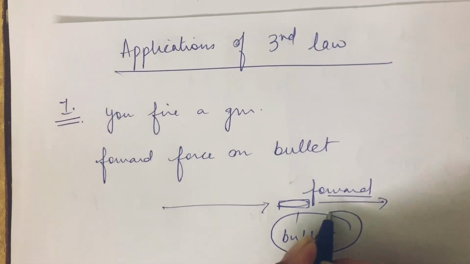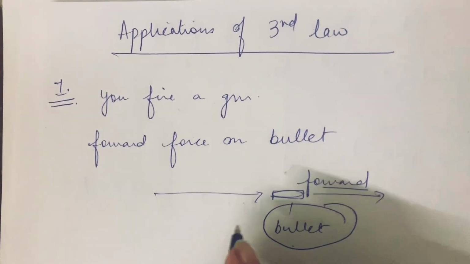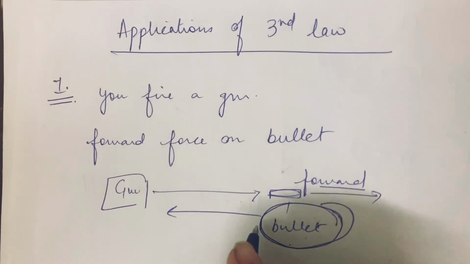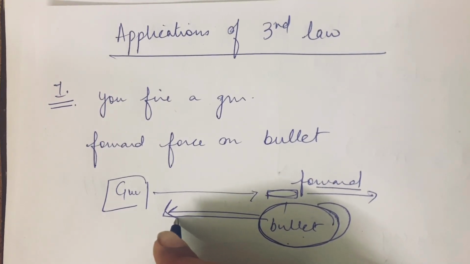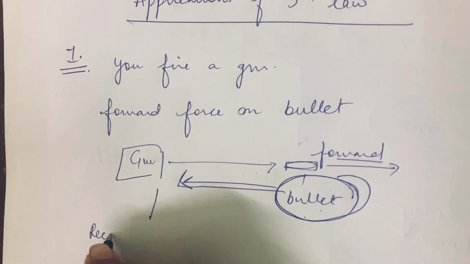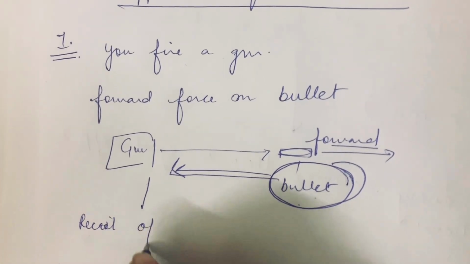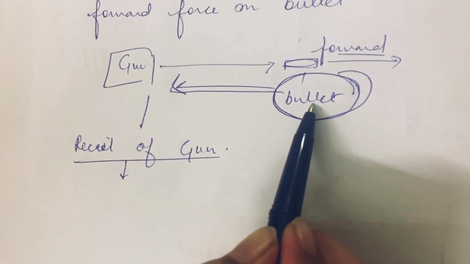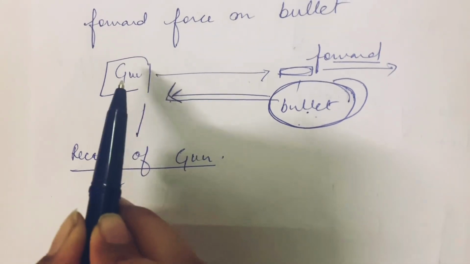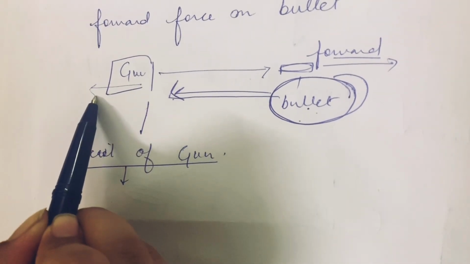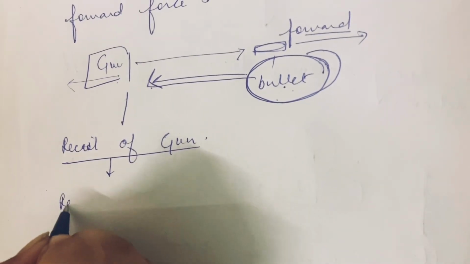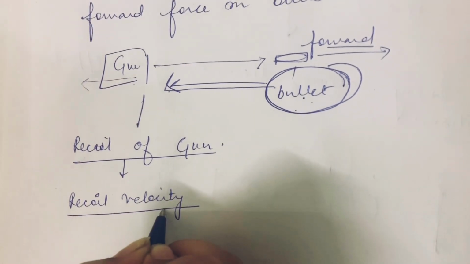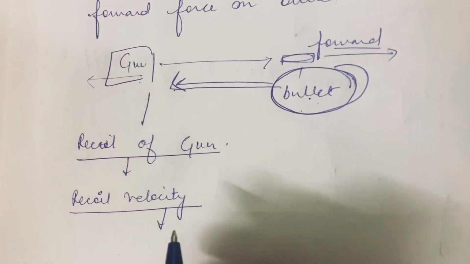But this bullet will exert an equal and opposite force on the gun as well, which is known as the recoil of the gun. It means the gun will move in the backward direction with some speed. That speed is known as recoil velocity. It is defined as the velocity with which the gun moves backward.